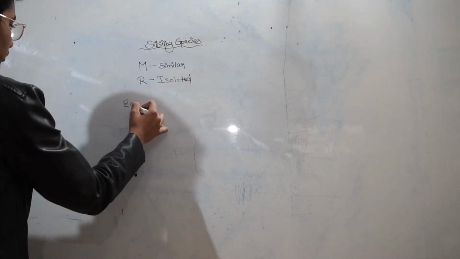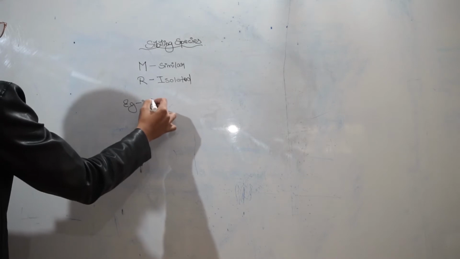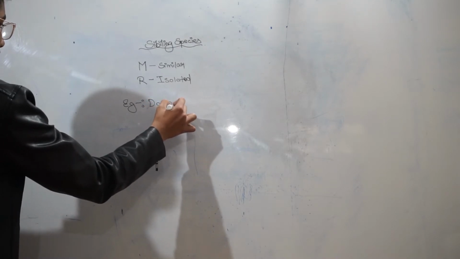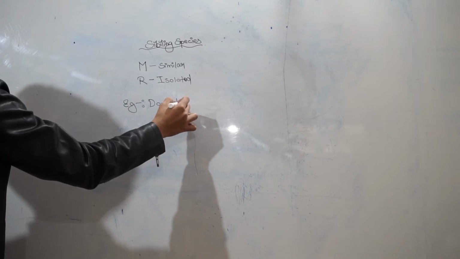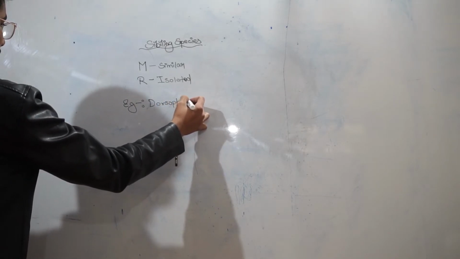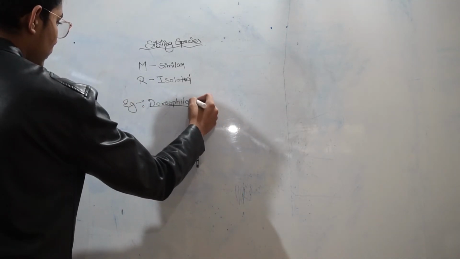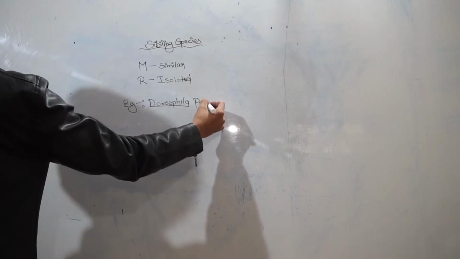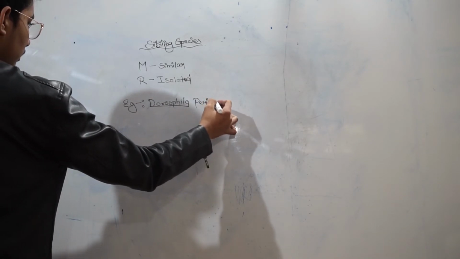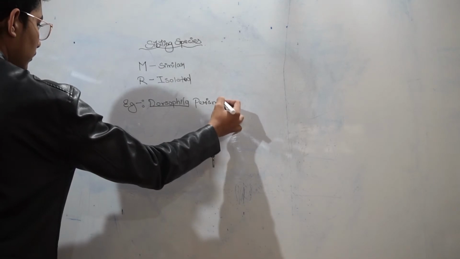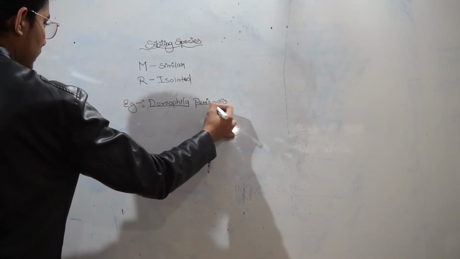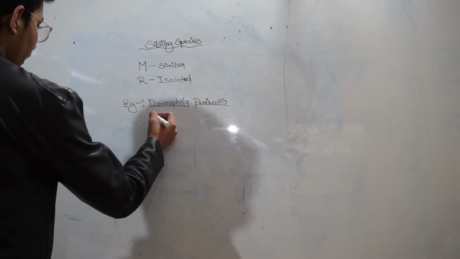An example I am citing here is Drosophila persimilis, and the other one is Drosophila pseudoobscura.